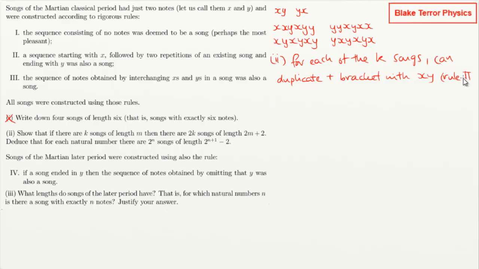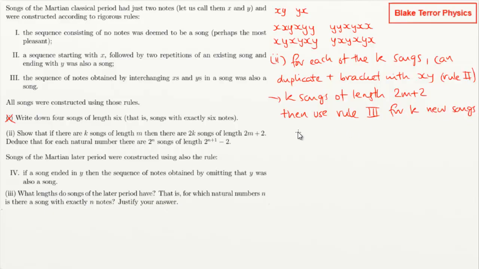Rule 2 leads to K songs of length 2M plus 2. And then we can flip them all. We can flip, then use rule 3 for K new songs, which leads to 2K songs of length 2M plus 2.